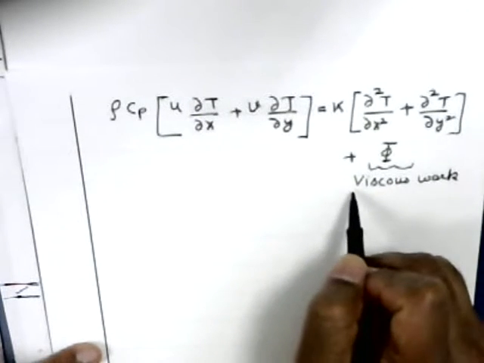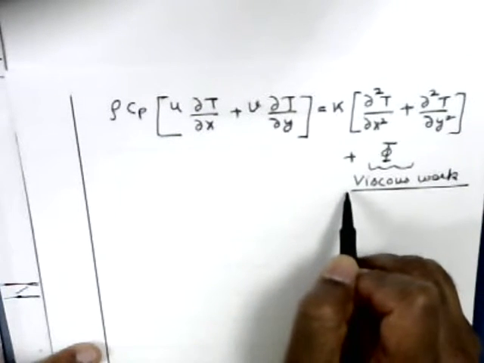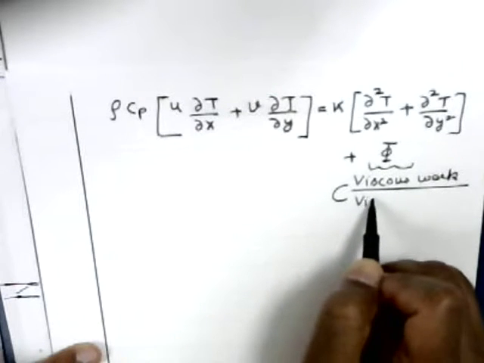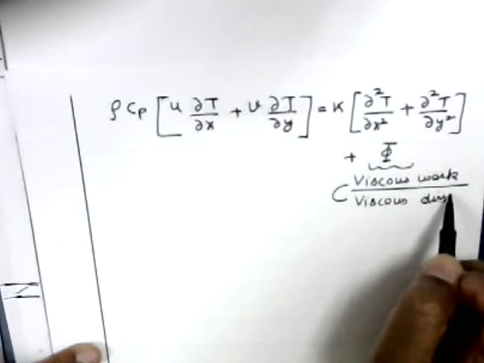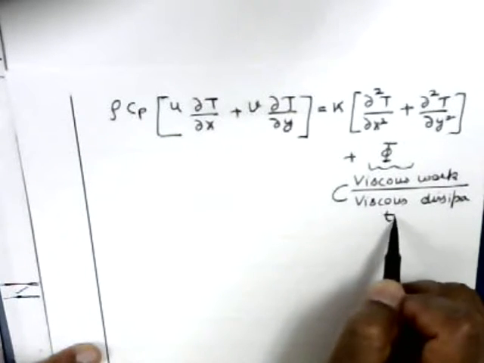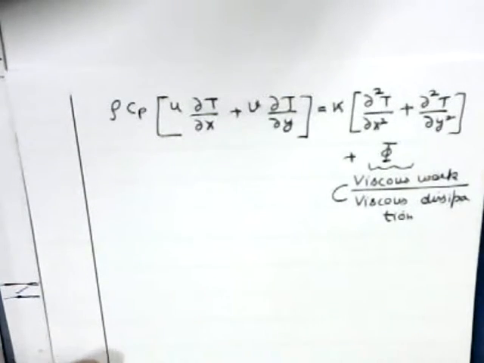This is called viscous dissipation. Okay, so that is the energy equation we get.